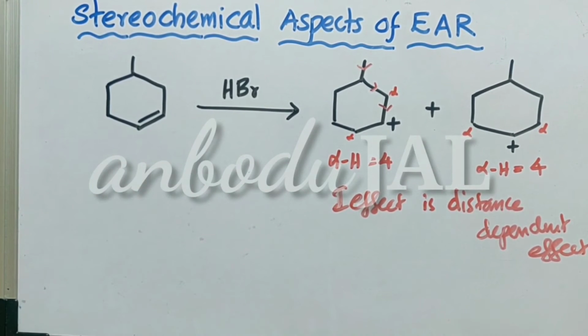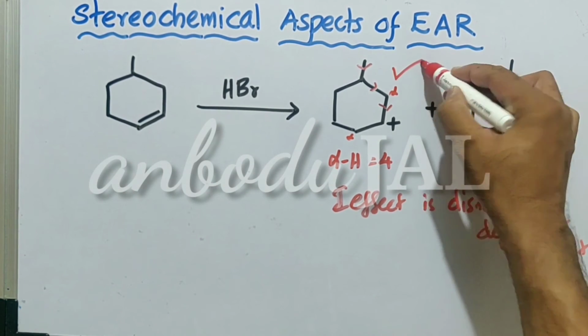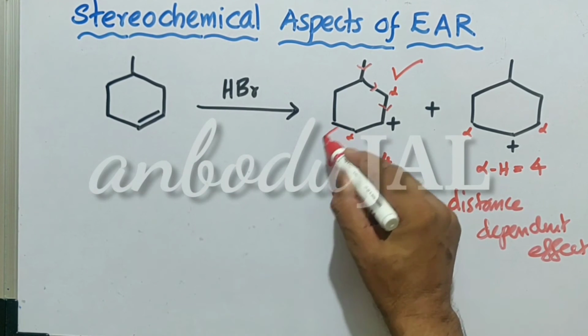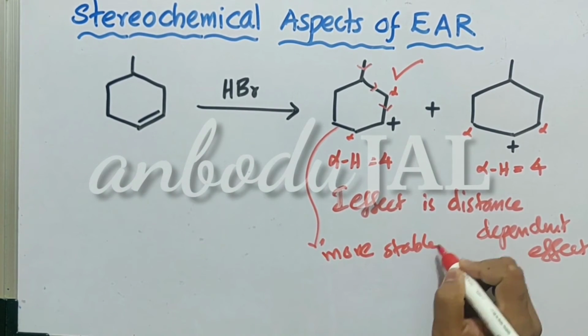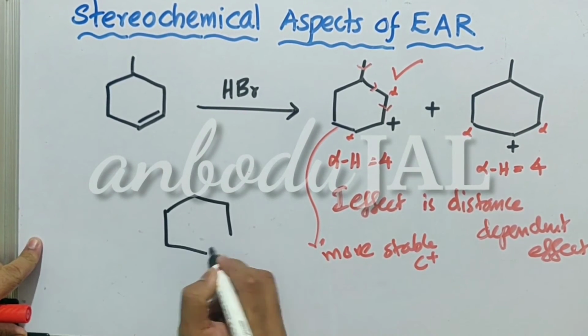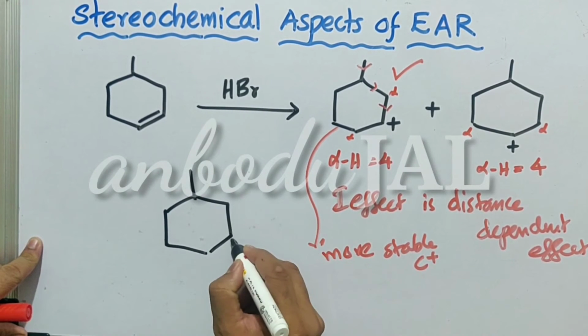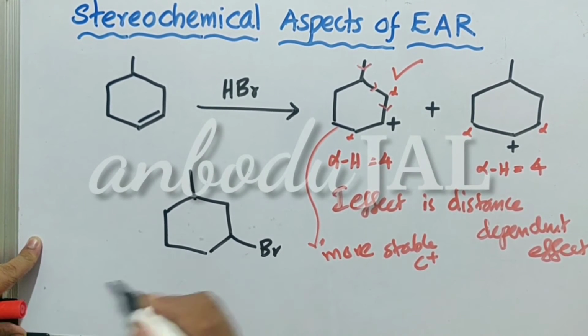That is, distance increases, inductive effect decreases. Are you okay? So this will be the major product. That means this is the more stable carbocation. The product is this one.